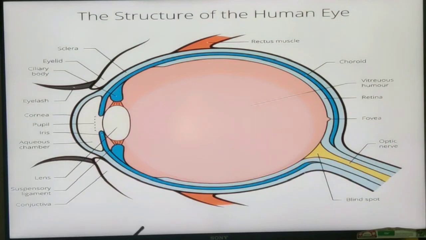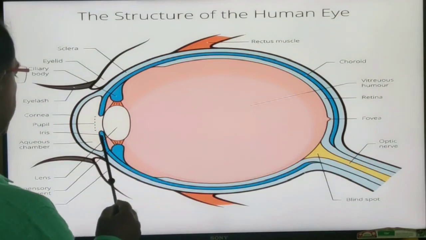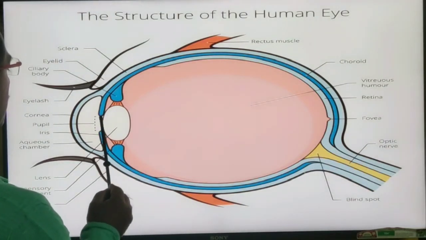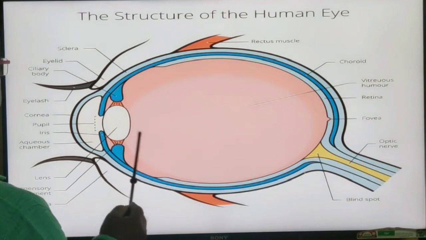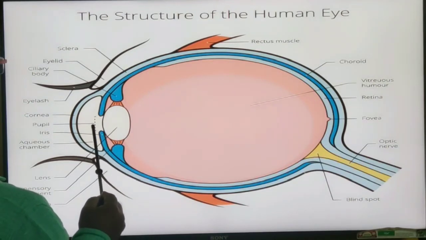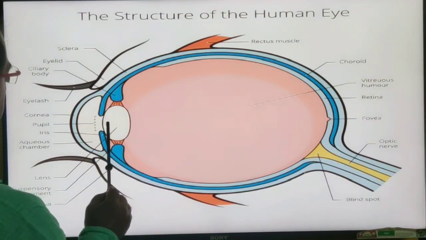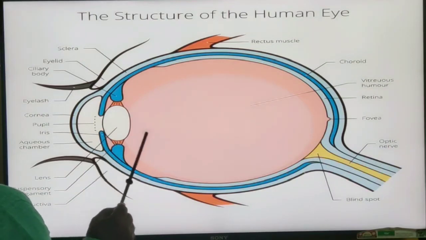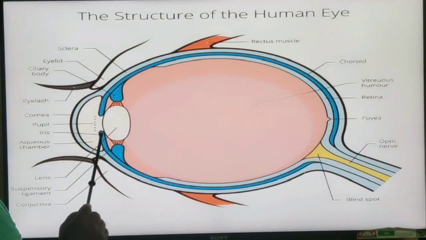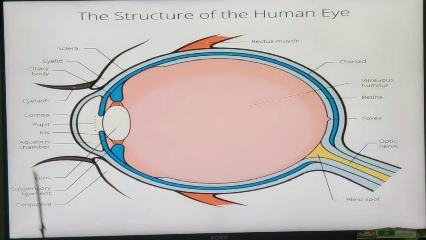The iris covers the pupil and controls the amount of light entering the eye. The amount of light that passes toward the pupil is controlled with the help of the iris.